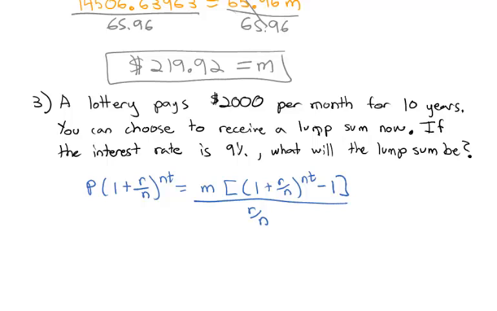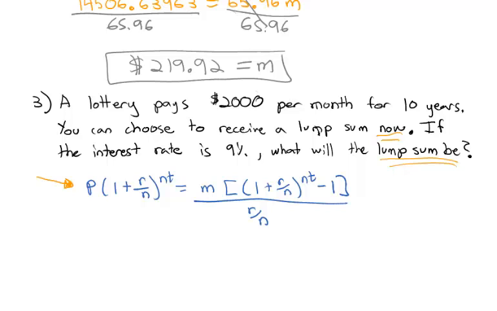What we are looking for is what that lump sum is going to be right now. How much money is this regular payment worth now, today? That is the present value that we're looking for.